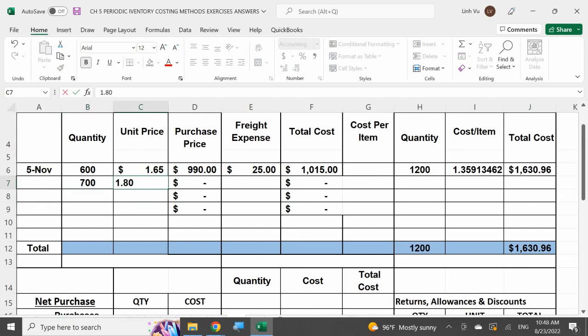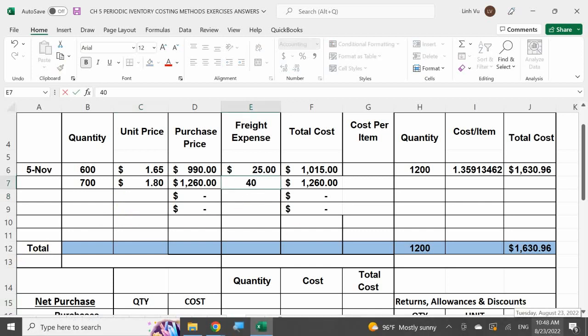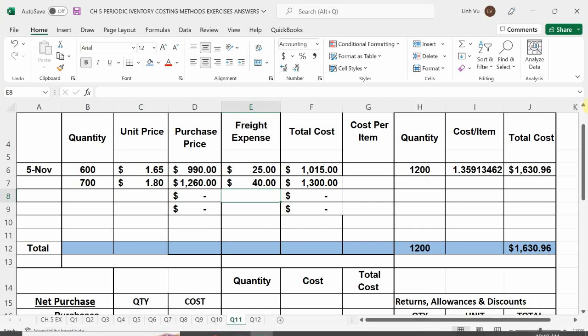So what is 700 at 180? 1,260. 1,260 plus $40 worth of freight will be 1,300 even. Okay.